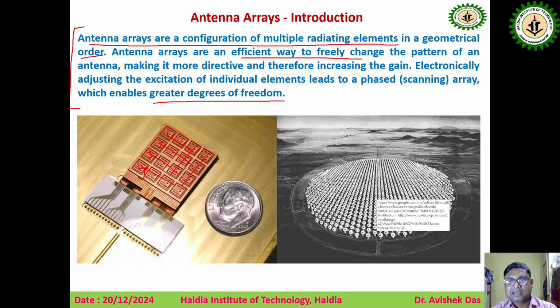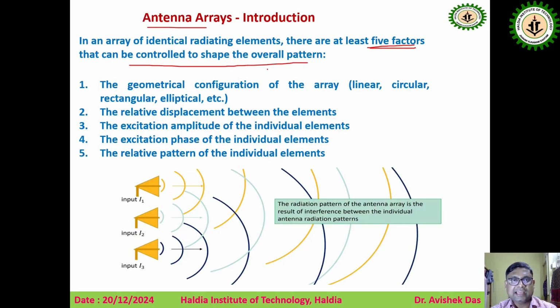But in figure 2, you can find several antennas placed together, but its geometrical configuration looks like a circle and it forms a circular array. So the first important factor is the geometrical configuration of the array.